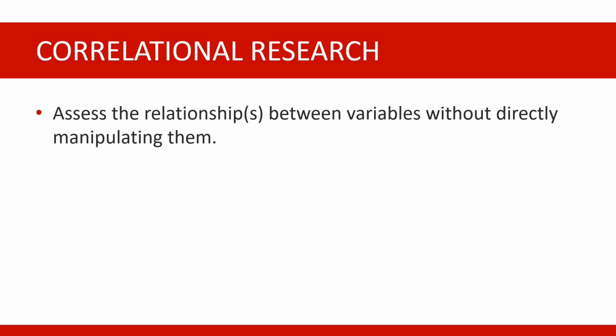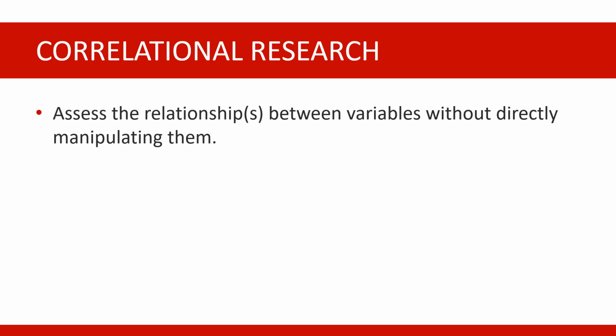So for example, it'll tell us as one variable goes up, does the other variable go up? That would be a positive correlation. Or as one variable goes up, if the other variable goes down, that would be an example of a negative correlation. And the magnitude of the correlation coefficient tells us how closely related the two variables are.